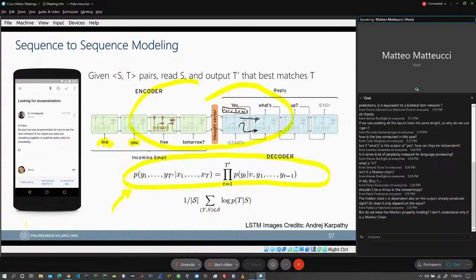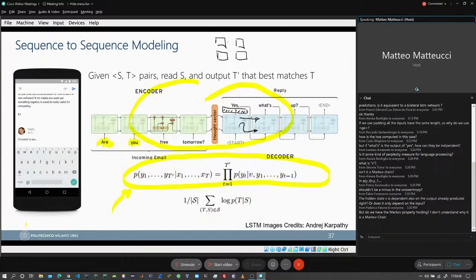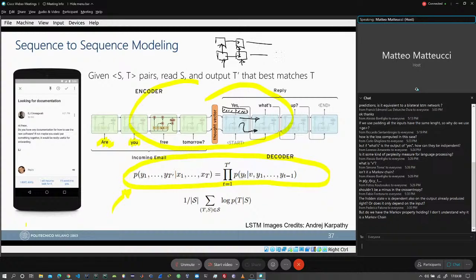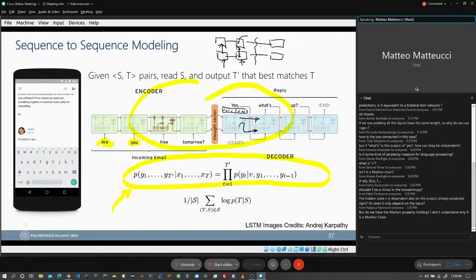In principle, this sequence to sequence model could be a stacked LSTM model. So you have a stack of LSTMs, a hierarchical model, and this is the start of the sequence, then you have the inner state, and the output of this stack after the softmax gets fed back in.